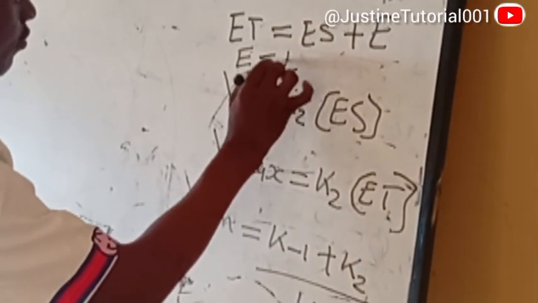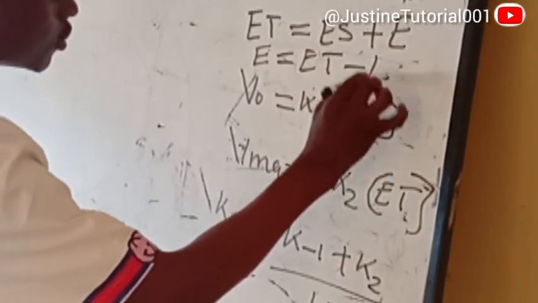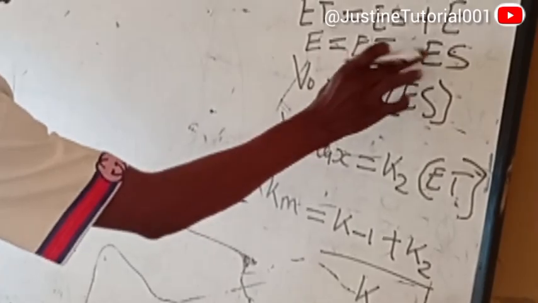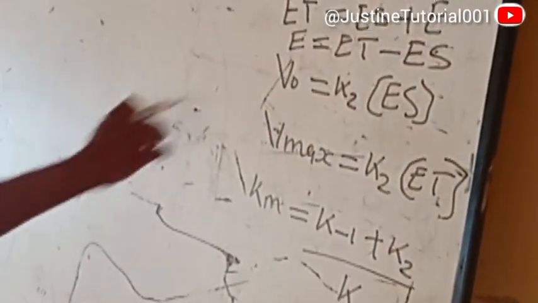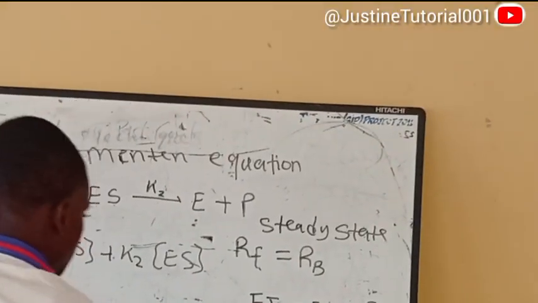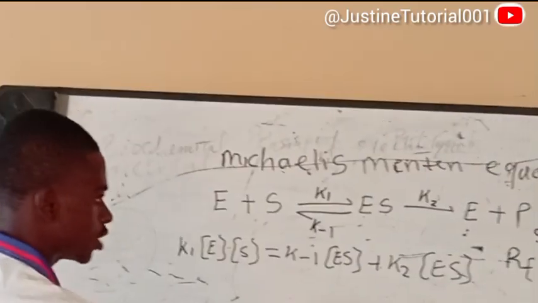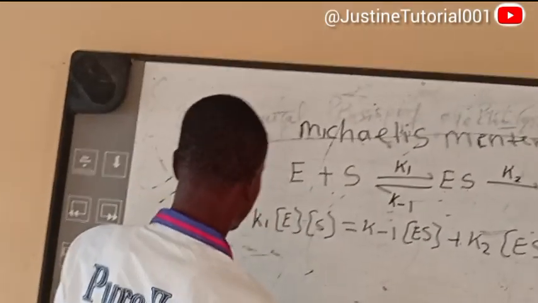So for your enzyme total, making E the subject of the formula, we take this E total to this other side. We have E equals enzyme total minus enzyme-substrate complex.